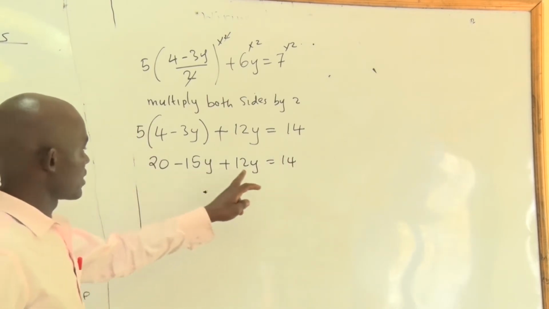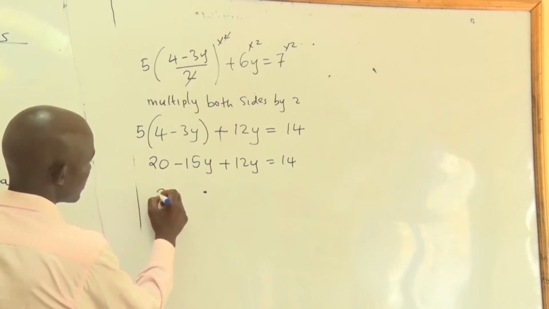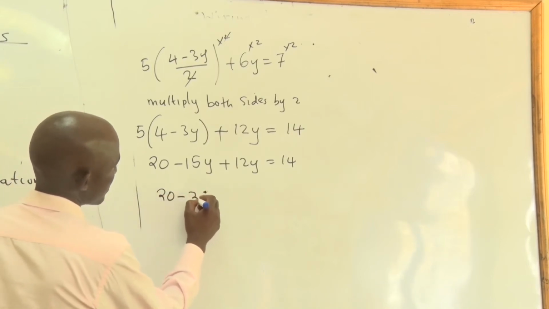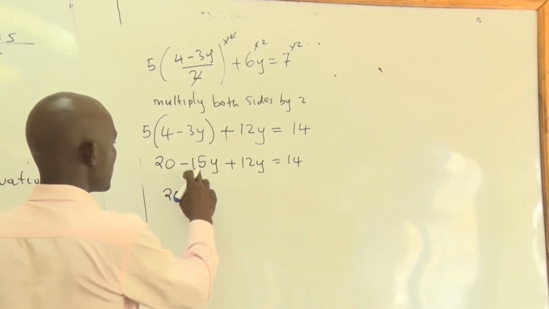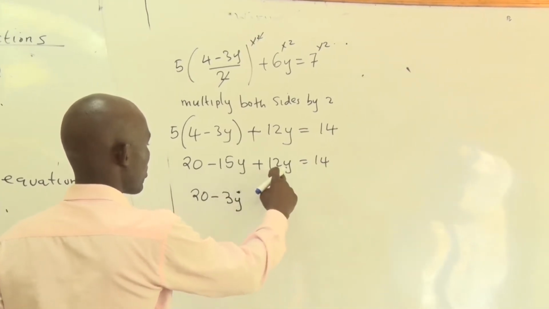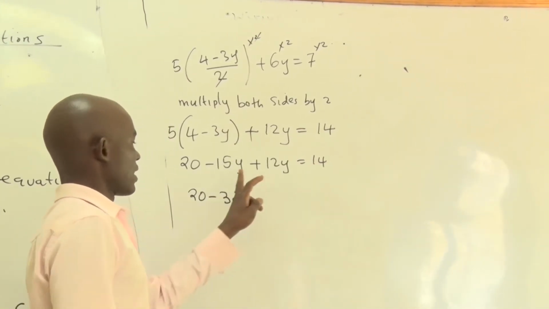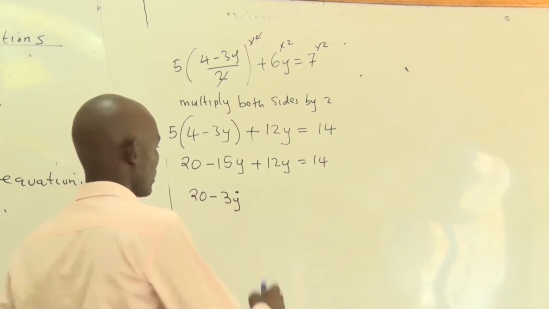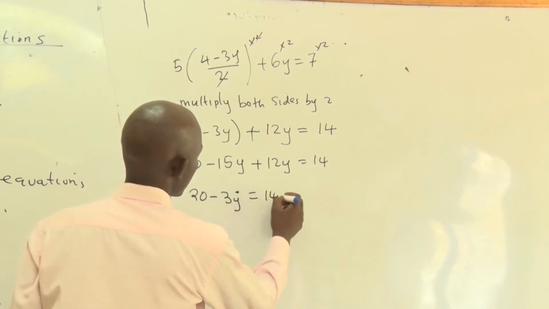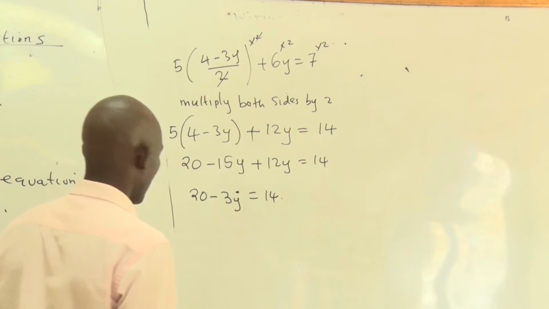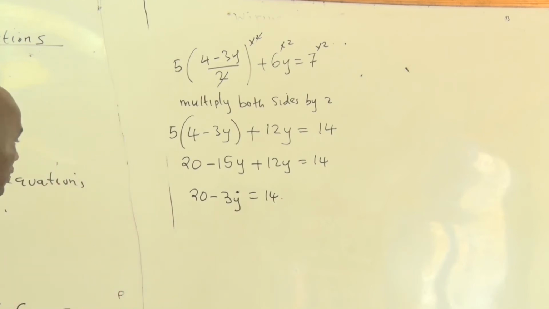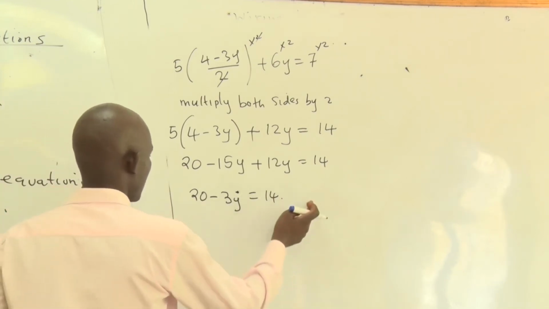If you evaluate this, you will get 20 minus 15y plus 12y, which is the same as minus 3y, equal to 14. You can take this 20 to the other side.